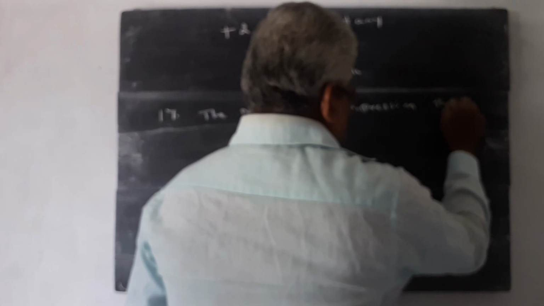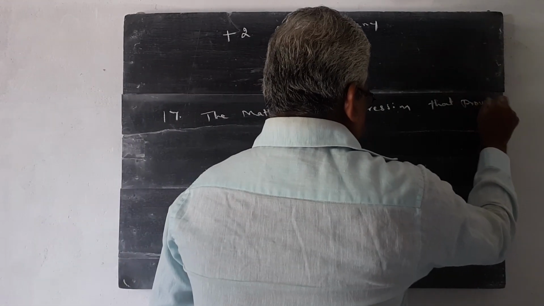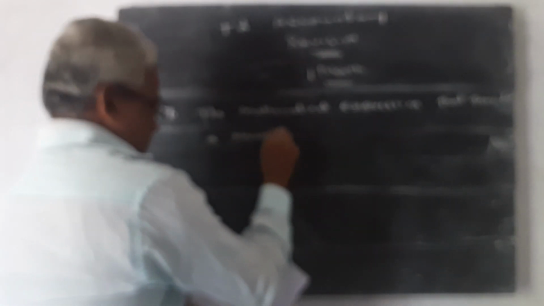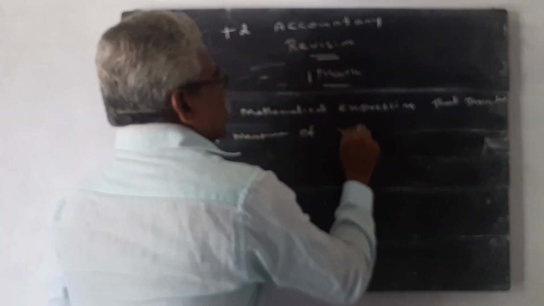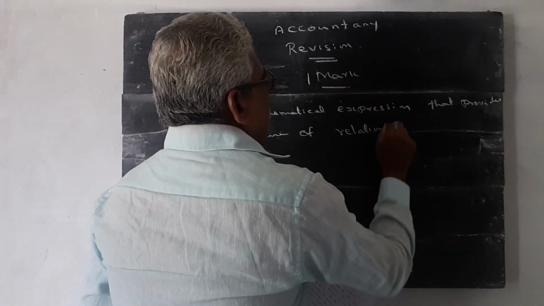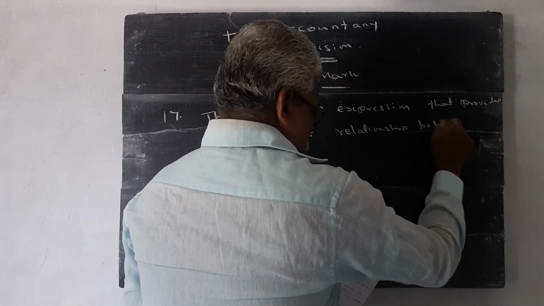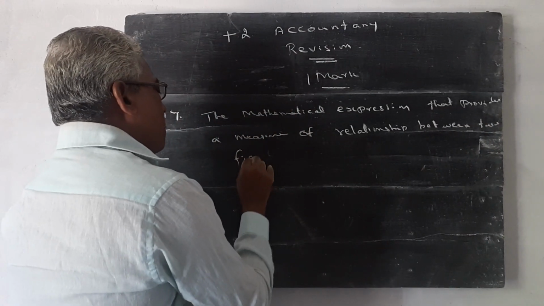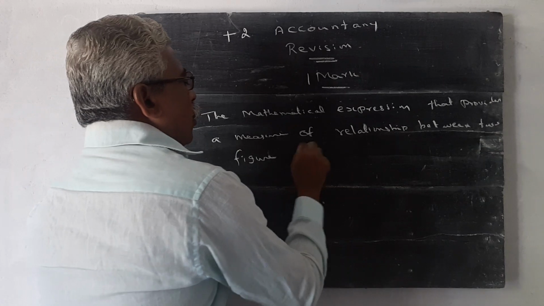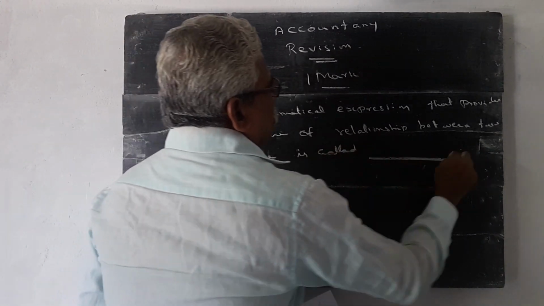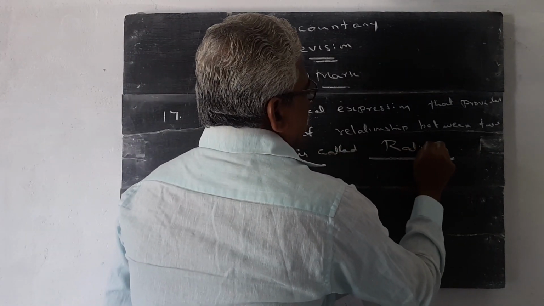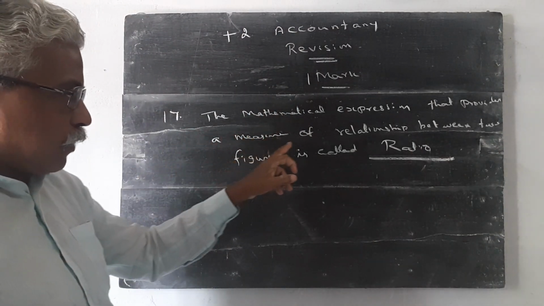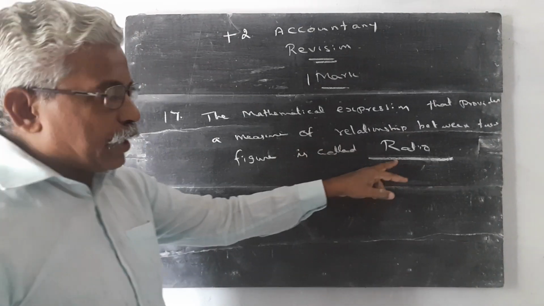Here 4 options are given, and ratio is the answer. The mathematical expression that provides the measure of relationship between two figures is called ratio.